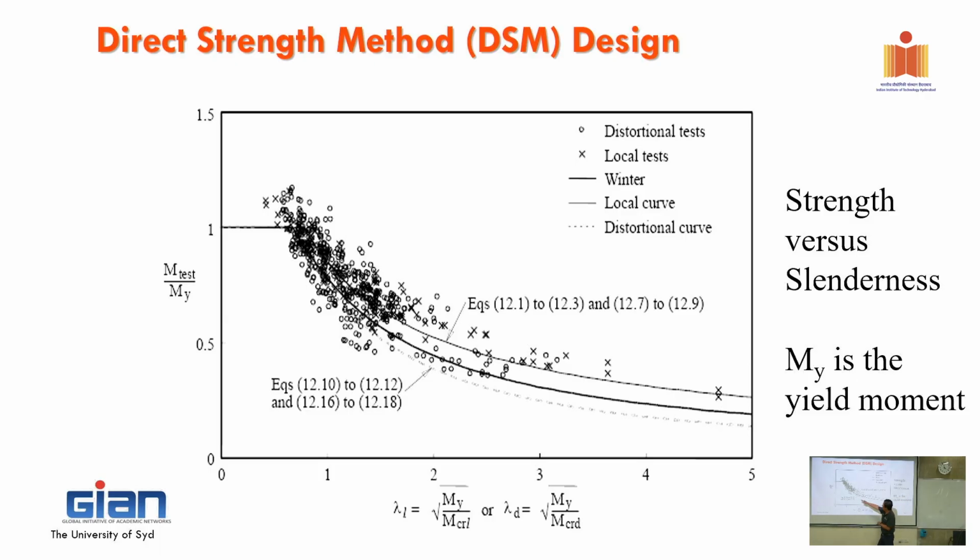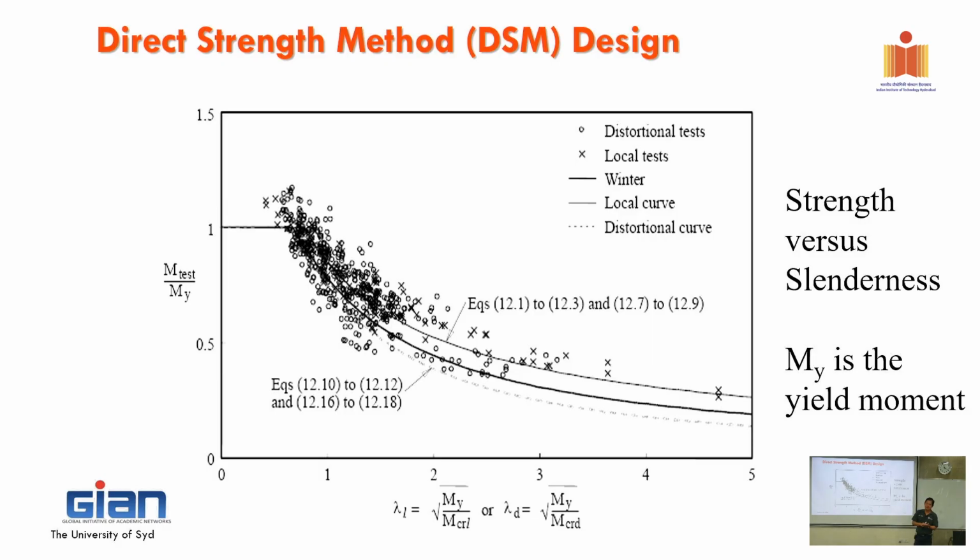So it brings the data down a little bit. There's a lot of research on interaction, particularly between local buckling and distortional buckling. You can read the research from Professor Dinar Camotim from Portugal and Professor Ben Young from the University of Hong Kong. They did a lot of work on interaction between local buckling and distortional buckling.